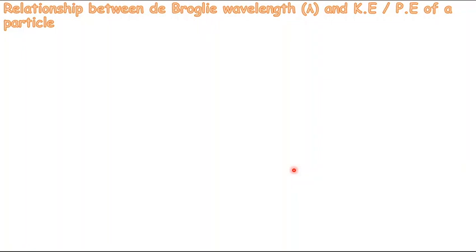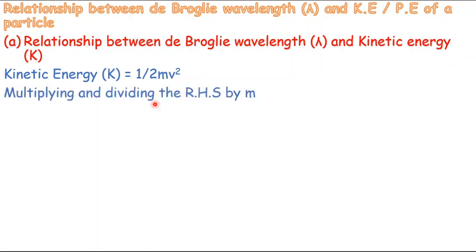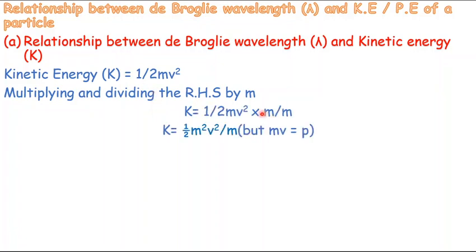Let us start with kinetic energy. De Broglie wavelength और kinetic energy के बीच relationship निकालने के लिए how we will proceed. सबसे पहले हम formula लिखेंगे kinetic energy का. That's 1 by 2 mv square. Then multiplying and dividing the right hand side by m, the equation will appear like this. Then k is equal to 1 by 2 m square v square by m.